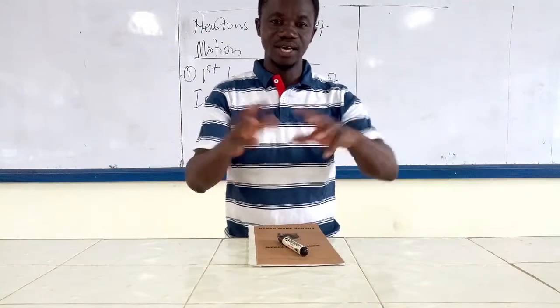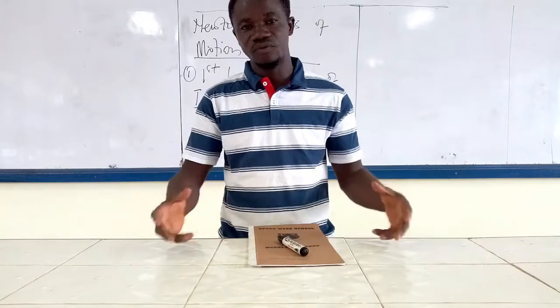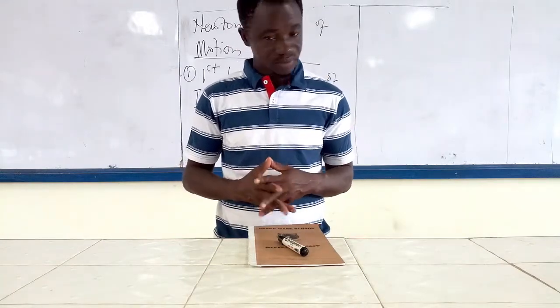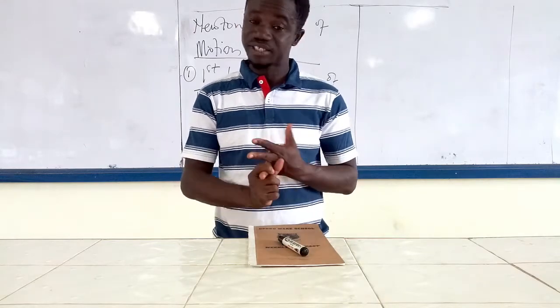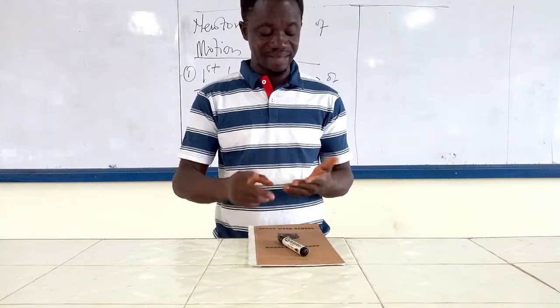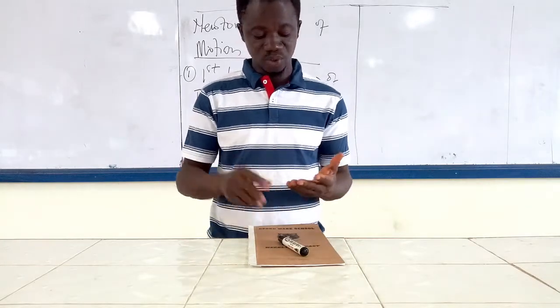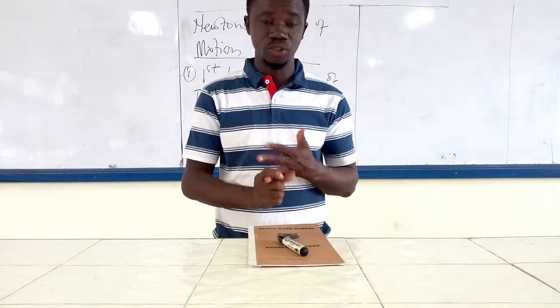So when we say inertia of a body, we define it as the reluctance of a body to change its state. You can have state of rest, state of uniform motion, state of direction. You have so many types of inertia, but at your level, you're only supposed to know inertia of rest and inertia of uniform motion.